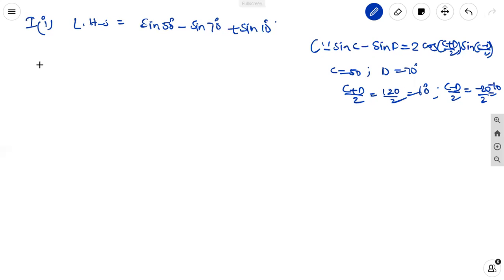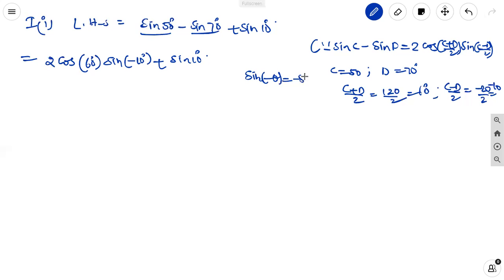These are the calculations. Here we apply sin C minus sin D: 2 cos of 60 degrees, sin of minus 10 degrees, plus sin of 10 degrees. We know that sin of minus theta is minus sin theta, it is an odd function. So it can be written as 2 times minus sin 10 degrees times cos 60 degrees, whose value is 1 by 2, plus sin 10 degrees.